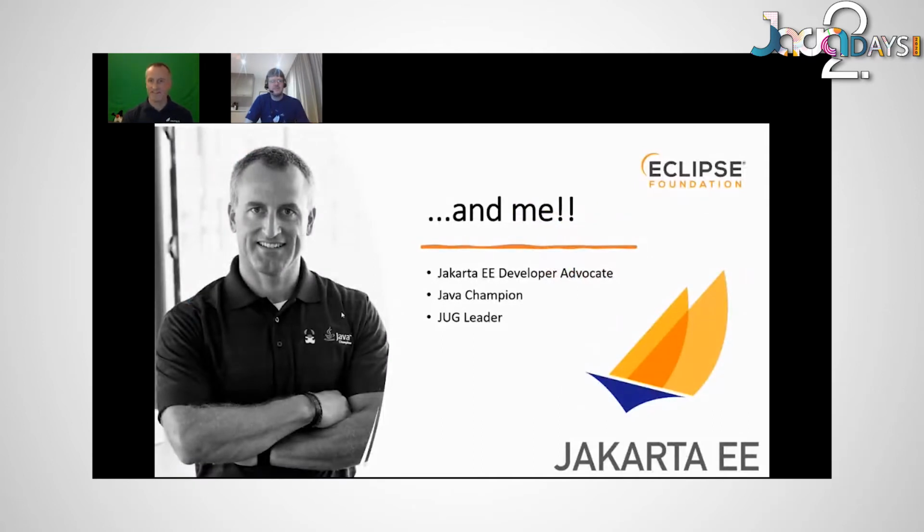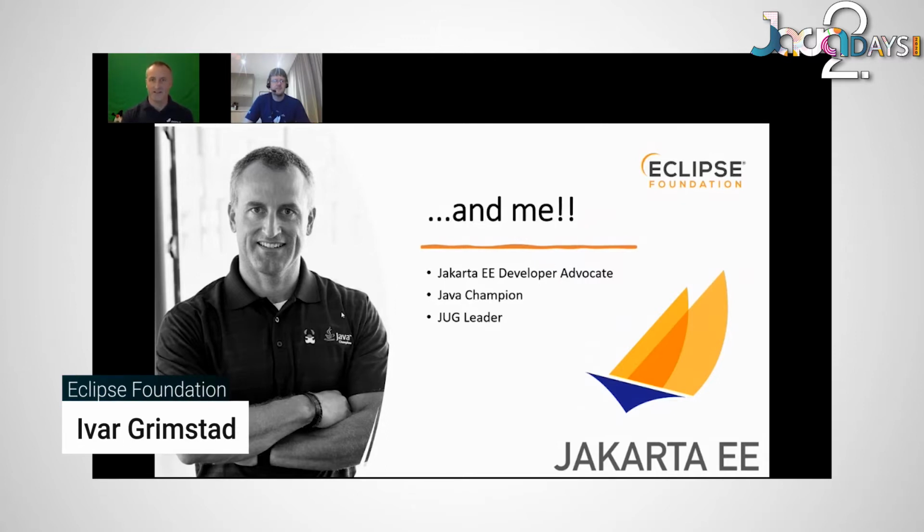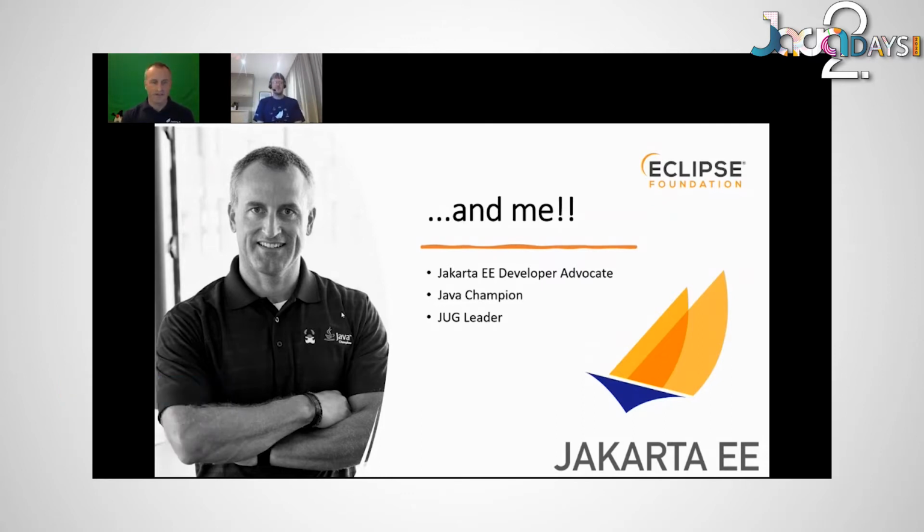Okay, and then it's me then. I'm Ivar Grimstad. I'm the Jakarta EE developer advocate at Eclipse Foundation. I'm a JUG leader here in Malmö, and I'm a Java Champion. And as Werner said, I'm one of the project leads in the Jakarta MVC specification. We've been leading it through the JCP as JSR 371 and released a version there in the beginning of this year, actually.